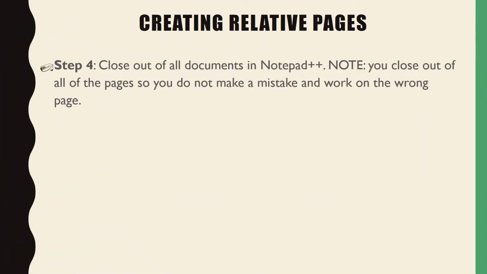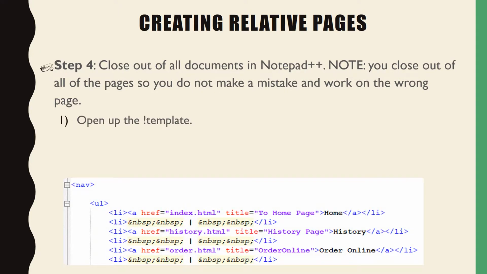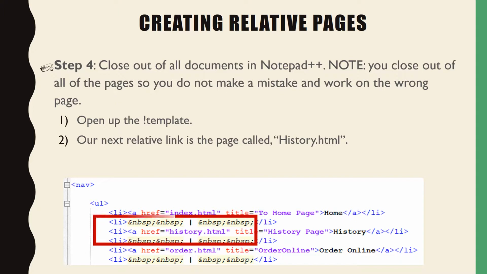Step 4. Close out of all your documents in Notepad++. Note, you close out of all the pages so that you do not make a mistake and work on the wrong page. Open up the template again. Our next relative link is the page called history.html. Save the template as history.html.